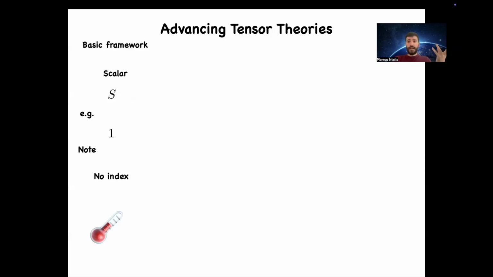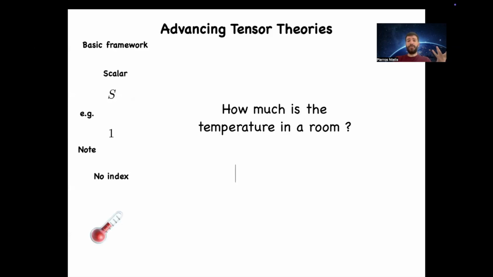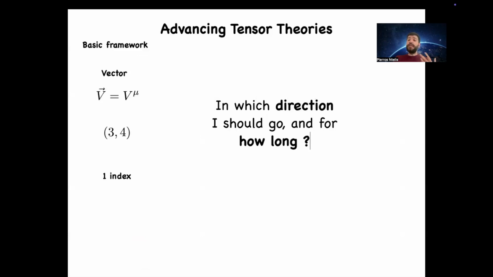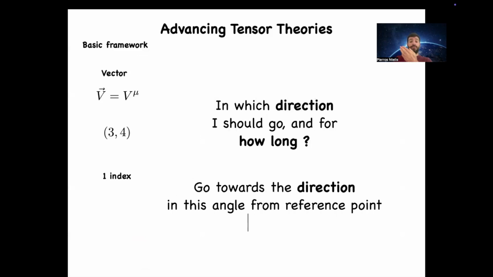A scalar can answer the question, how much is the temperature in a room? For example, it can be negative 5 degrees, 5 degrees, or 25 degrees. A vector can answer the question, in which direction should I go and for how long. For example, you can go towards this direction at this angle from a reference point for 5 kilometers.